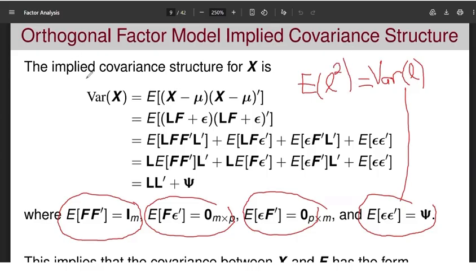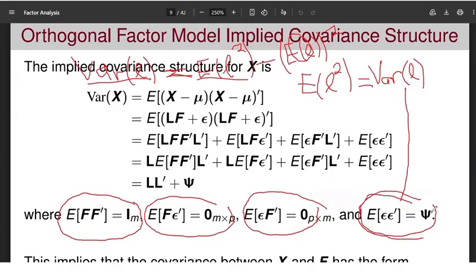Because the variance of the error is actually equal to the expected value of the error squared minus the expected value of the error, all squared. But you know what? The expected value of the error is 0. That's why the variance of the error is the expected value of the error squared. In matrix form, it is this guy here.